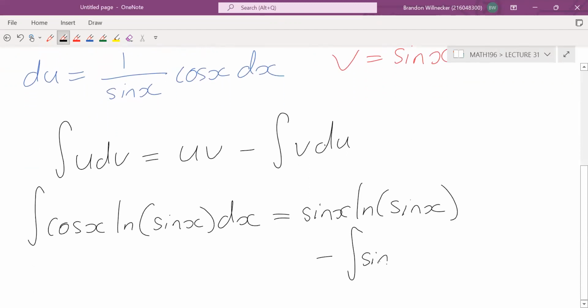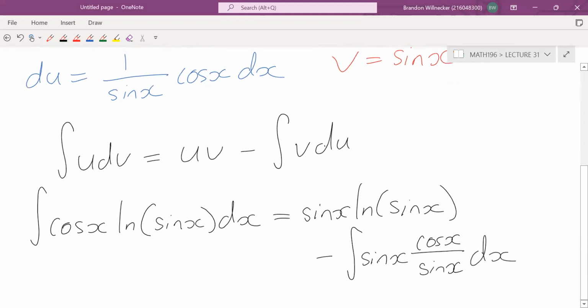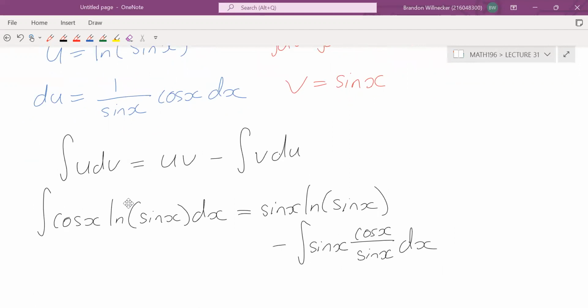So that's going to be sine x times cos x over sine x dx. But that's really nice because we see that the sine x in the numerator cancels with the sine x in the denominator. We've got a nice cancellation there.